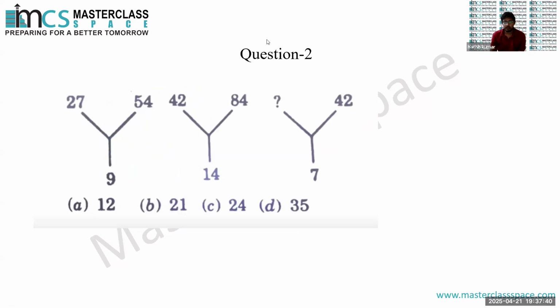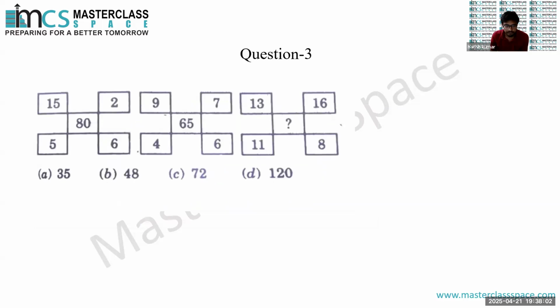Everyone says 21, Karthik says 21. Yes, this is a straightforward question. 9 3s are 27, 9 6s are 54. Similarly, 7 3s are 21, 7 6s are 42. So sometimes you will get these sort of easy questions as well. Okay, let's go to the next question.